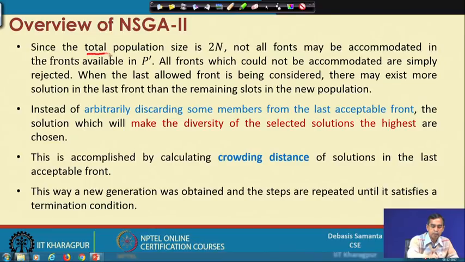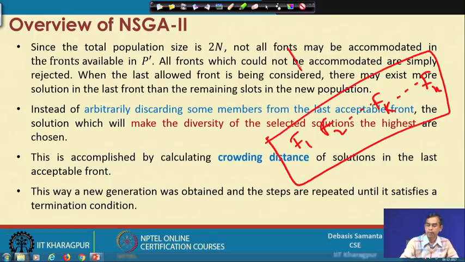Since the total population is of size 2n and we have obtained many fronts, not all fronts may be accommodated in P dash. All fronts which could not be accommodated are simply rejected. Here again, say F1, F2, up to Fk, up to Fm. These are all the fronts that can be obtained from R. Given R, the non-dominated sorting procedure will calculate all fronts.